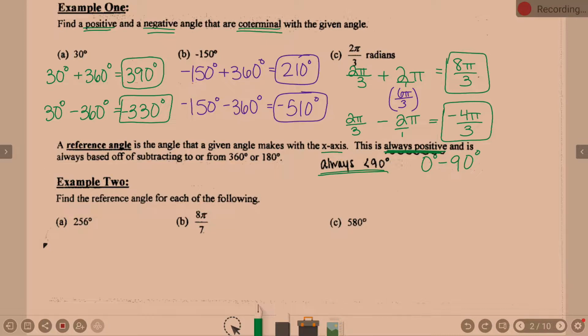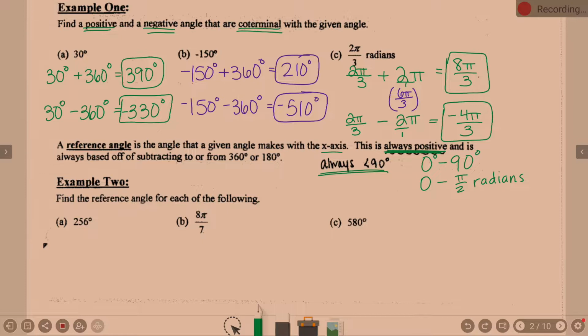A reference angle in radians is somewhere between 0 radians and, what is 90 degrees in radians? Pi over 2, right? 180 is pi, so half of 180 is 90, and half of pi is pi over 2. So if it's degrees, it's going to be somewhere between 0 and 90 degrees. If it's radians, it's going to be somewhere between 0 and pi over 2 radians. It's a positive number in that range.